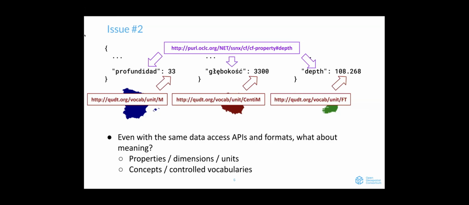So what can we do with linked data, with semantic data? What we can do is we can associate, we can bind these different properties to a shared property within the domain, right? Within the knowledge domain.